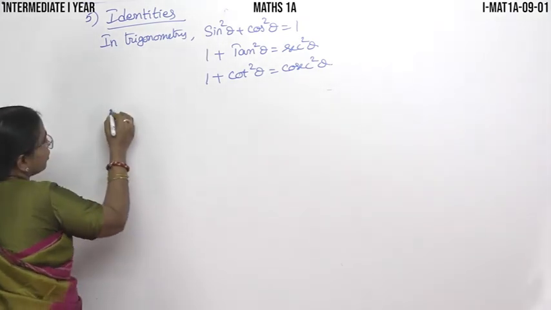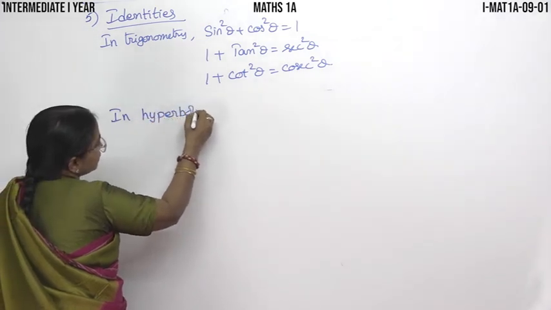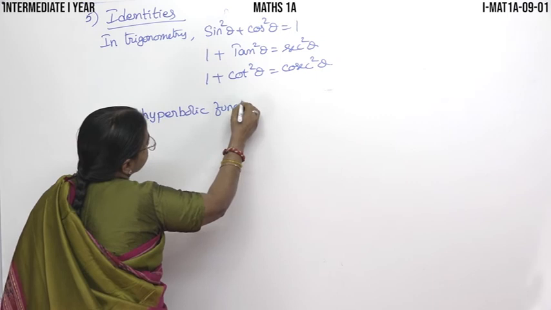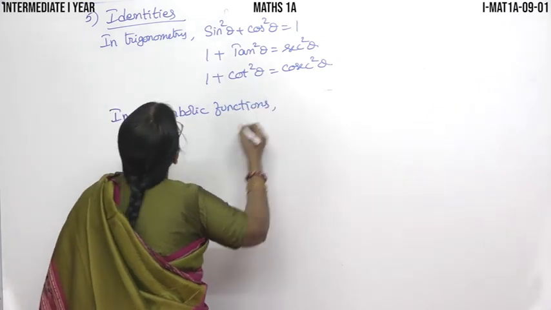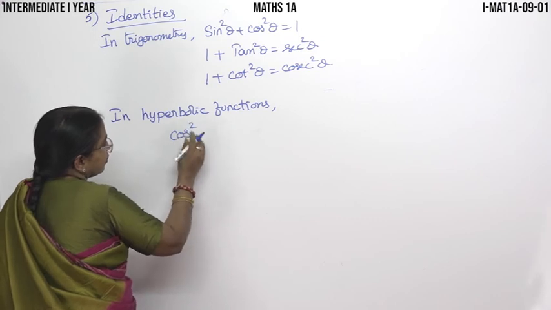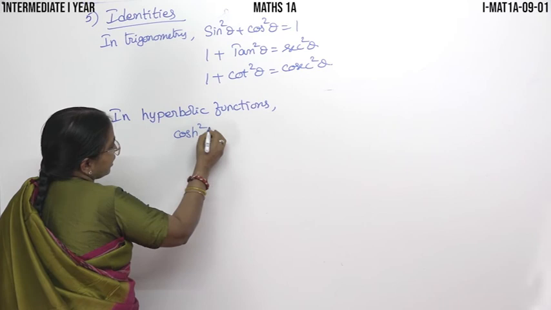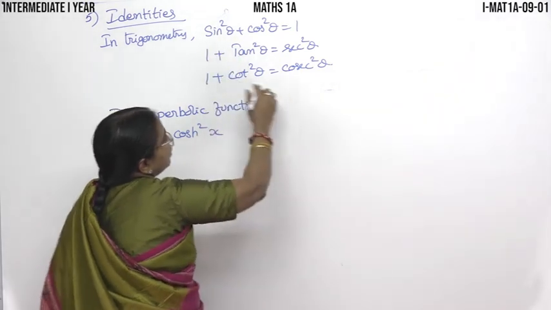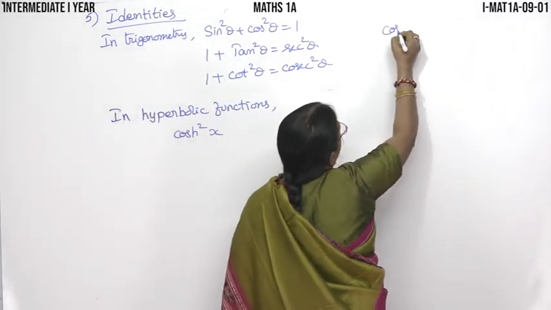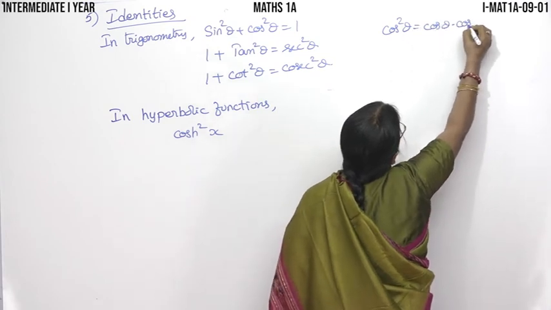So in hyperbolic functions, we have the identities as cos h square. Okay, we should write cos h square. See here, cos square theta means cos theta into cos theta.